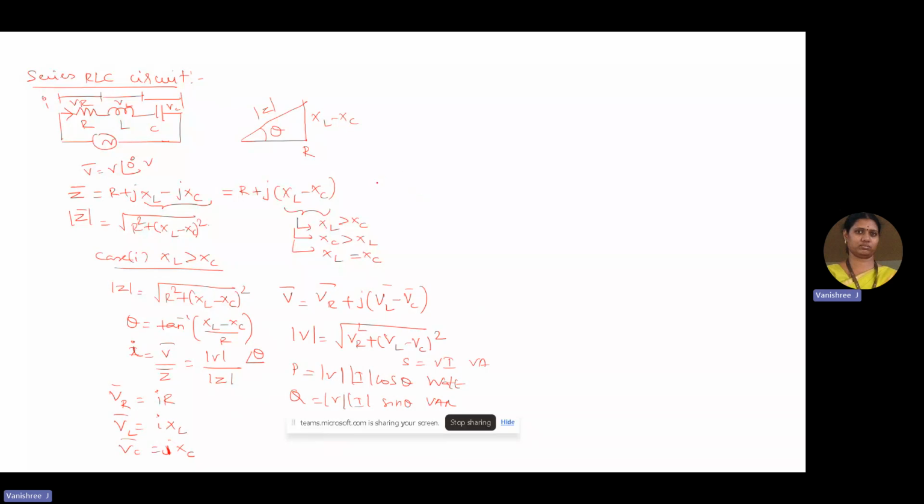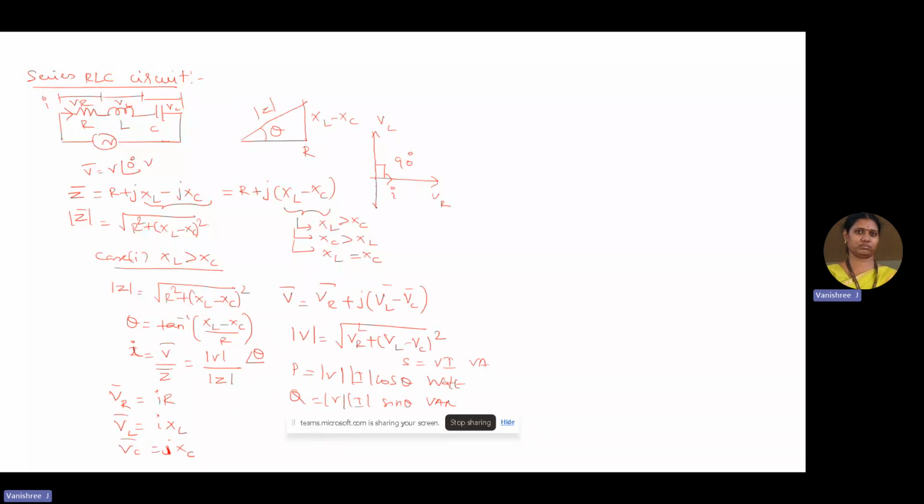Coming to the phasor diagram, we have to draw VR, and I is always in phase with VR. So draw it in the same phase. Then VL is more as XL is greater in magnitude. So VL will be drawn with an angle of plus 90 degree in the positive direction.